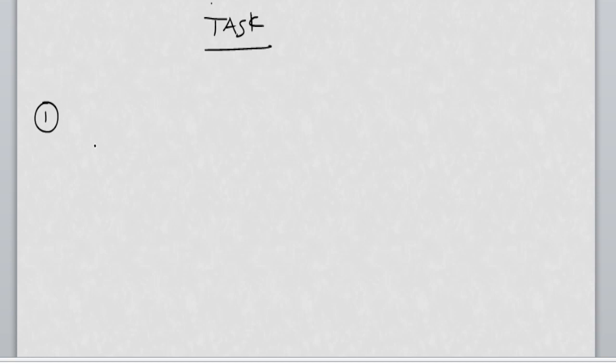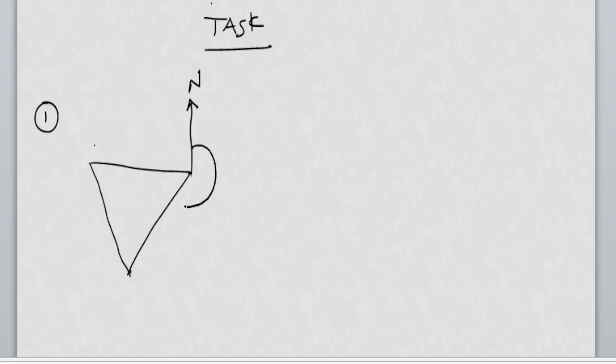So this is the first question. Suppose you have a diagram as follows. It is coming like that, then it is coming like that, then we have a north going in that direction. So we have a north there, then we have an angle there that is 216 degrees.